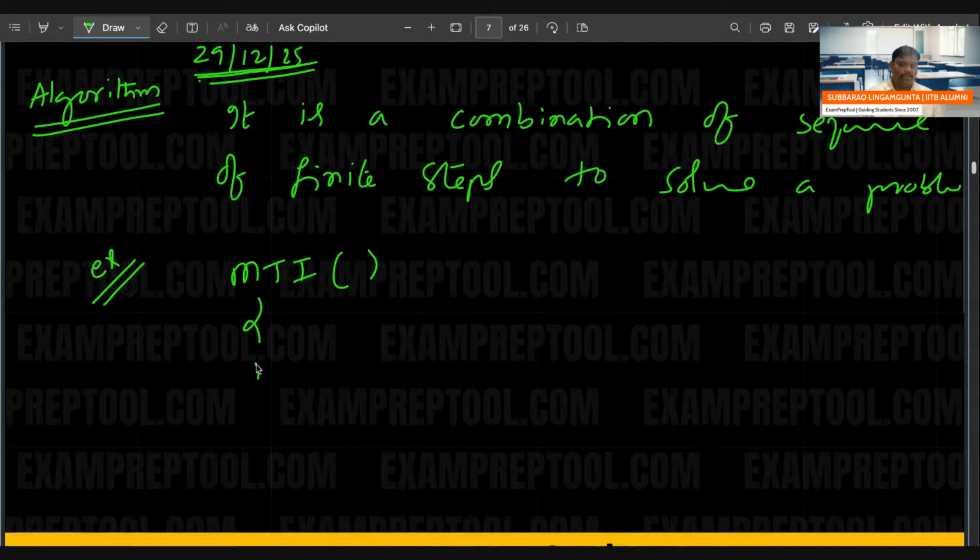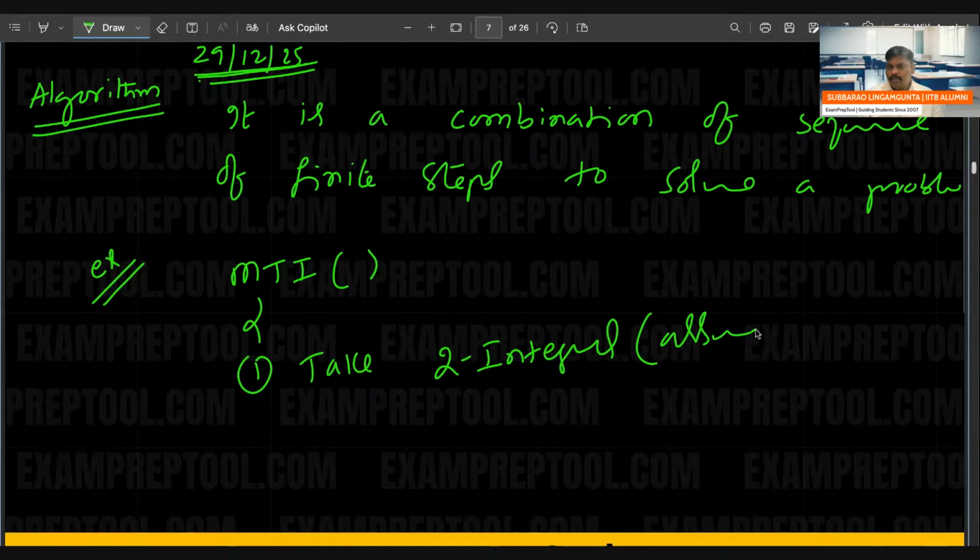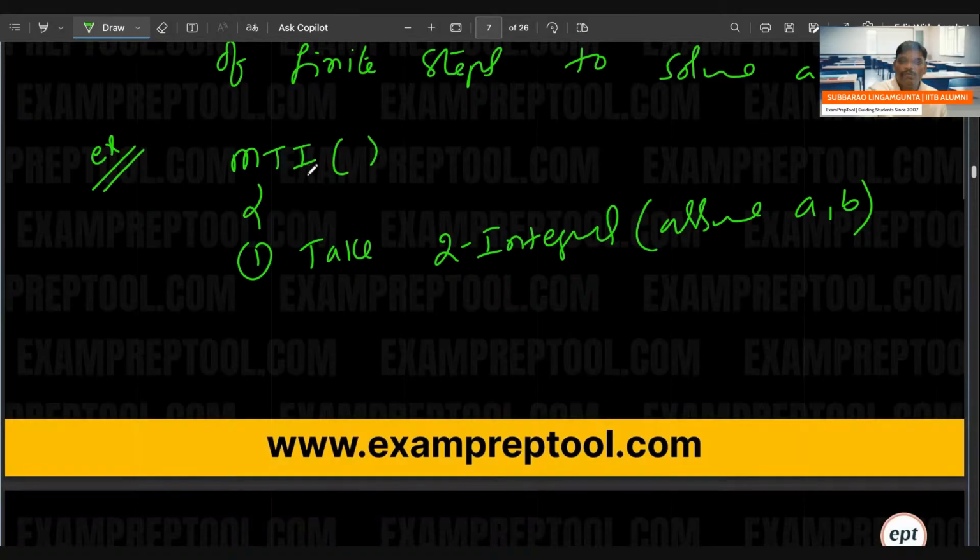Multiplication of two integers is the algorithm name. First step, take two integers.